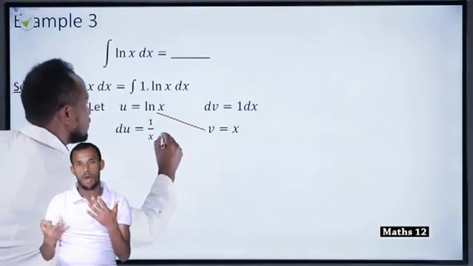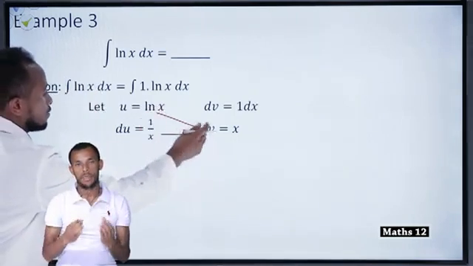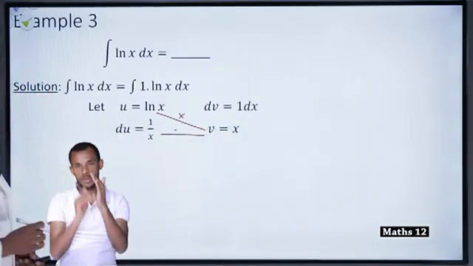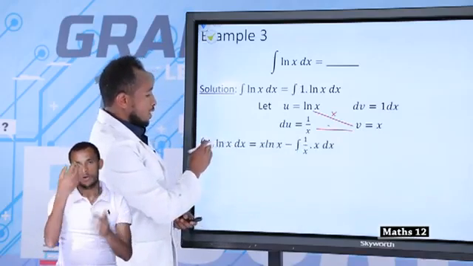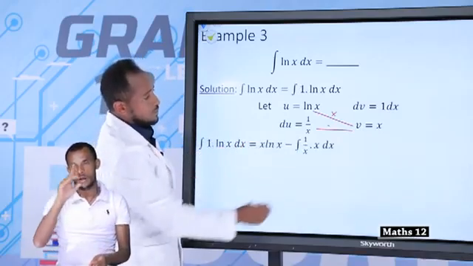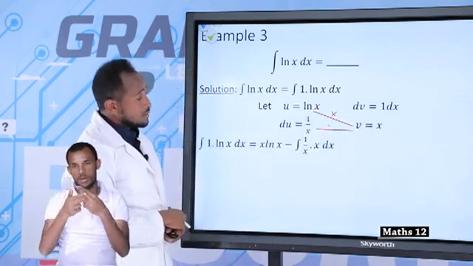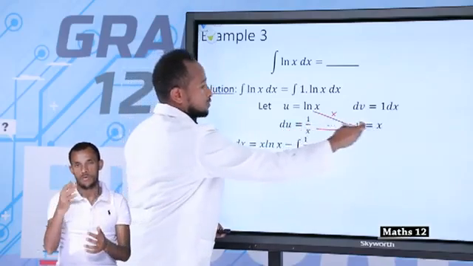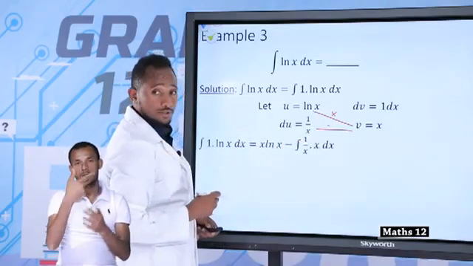The formula for integration by parts is this one: you multiply these two and subtract the integral of the product of the two. Therefore, the integration of 1 times ln x dx is equal to x times ln x minus the integral of 1 over x times x dx.